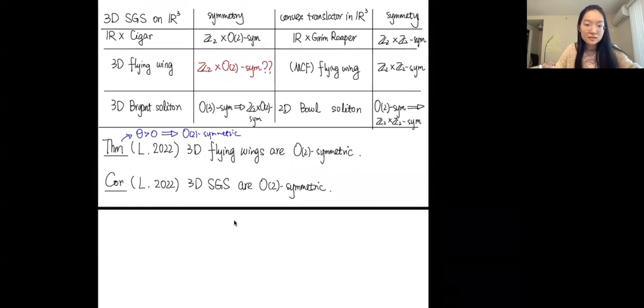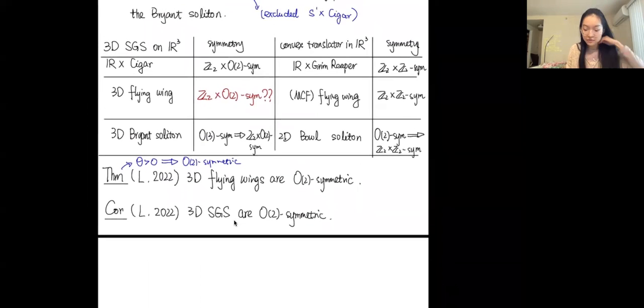All right, so next let me talk about the proof of the O2 symmetry. Although here we make a comparison between the O2 symmetry and the Z2 symmetry in the mean curvature flow, the proofs are totally different. The Z2 symmetry is discrete, so we can use some maximum principle to get the mean curvature flow Z2 symmetry quite easily.